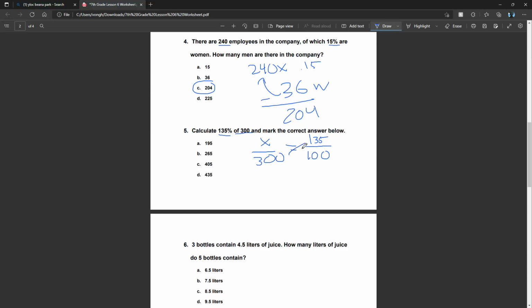So all you have to do is cross multiply. So you get 100x equals 40,500. Isolate x. You should get 405. And the answer is C.